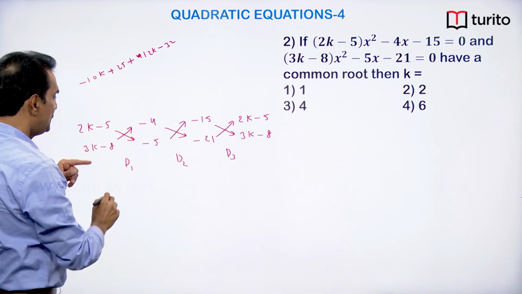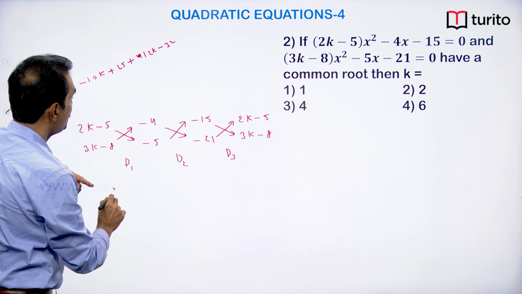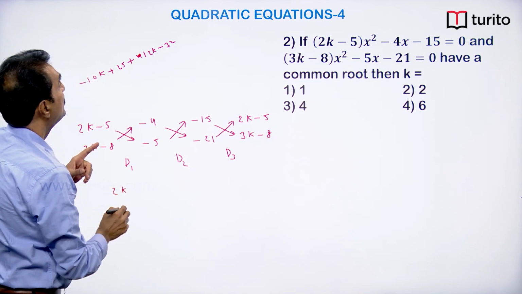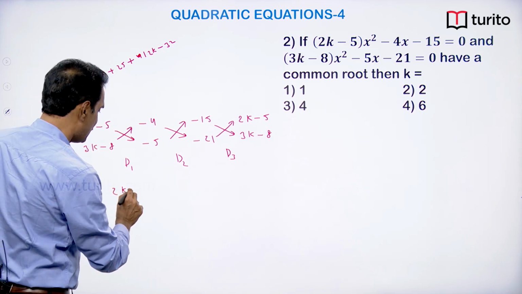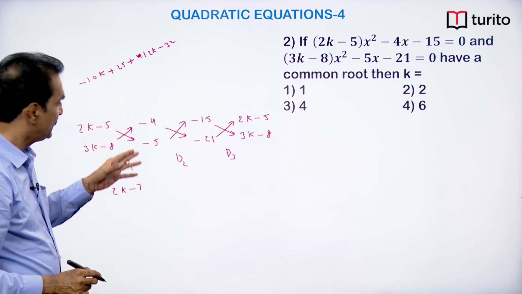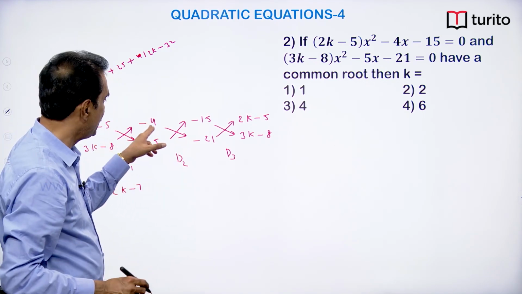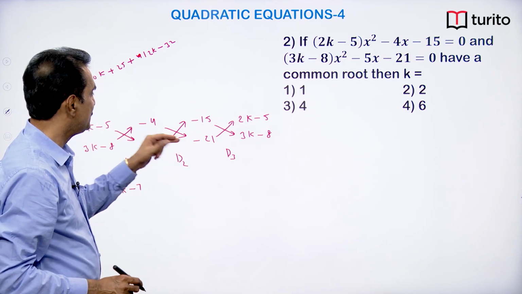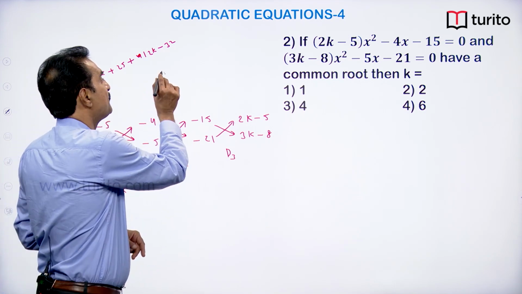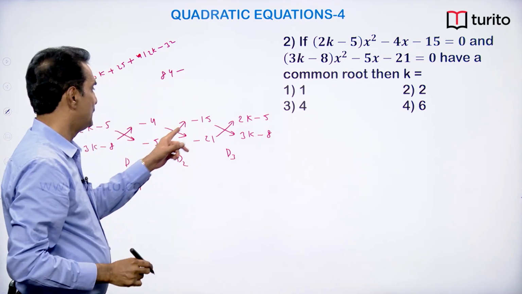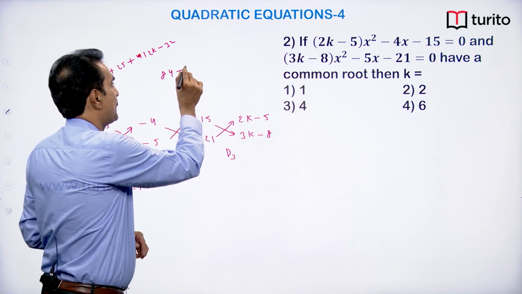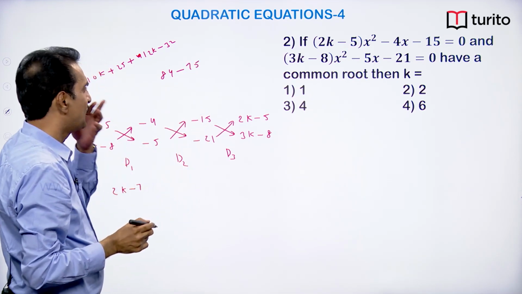How much am I getting? d1 is 2k minus 7. Okay. Now d2 is this into this, how much? 84 minus 75, how much? 9.